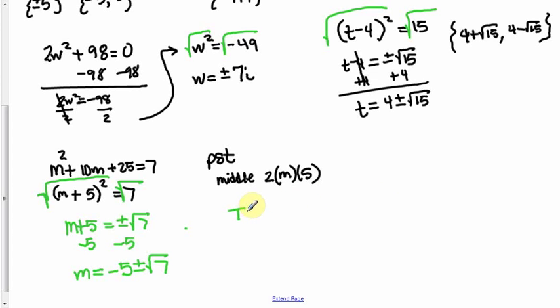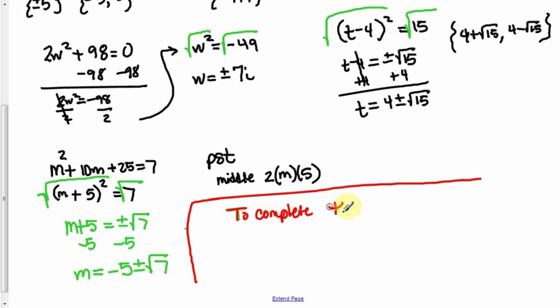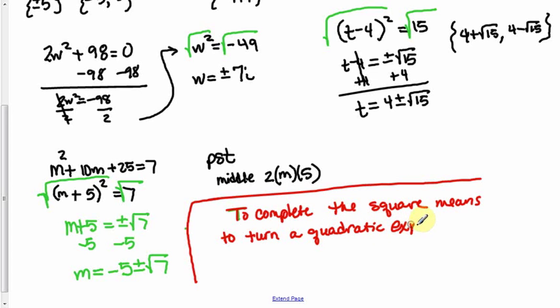To complete the square means to turn a quadratic expression into a PST, a perfect square trinomial.